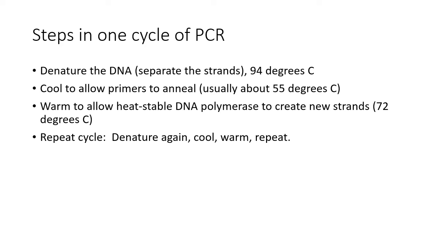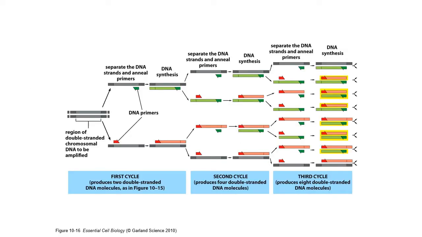Okay, so you denature at 94, roughly, cool usually to around 55, and then you warm it to allow this DNA polymerase to work, and then you repeat the cycle again, denature, cool, warm, etc., usually about 30 times. That's sort of represented here, and you can see kind of what's happening in the reaction.